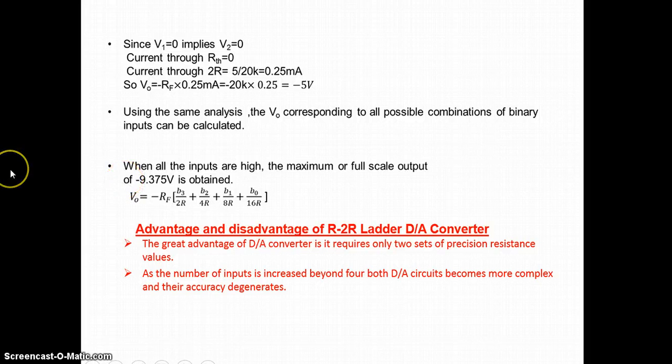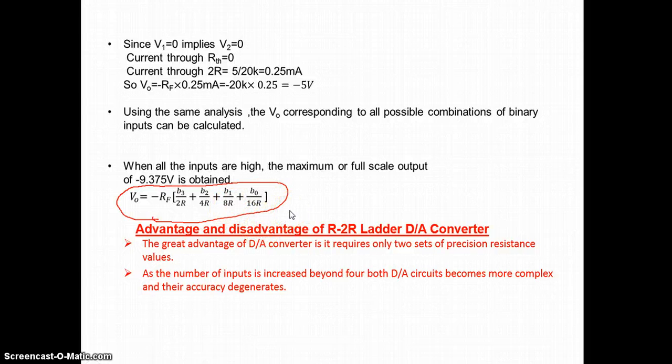So generalizing this circuit, you can get the general expression for your output as V out equal to minus RF into B3 by 2R plus B2 by 4R plus B1 by 8R plus B0 by 16R.